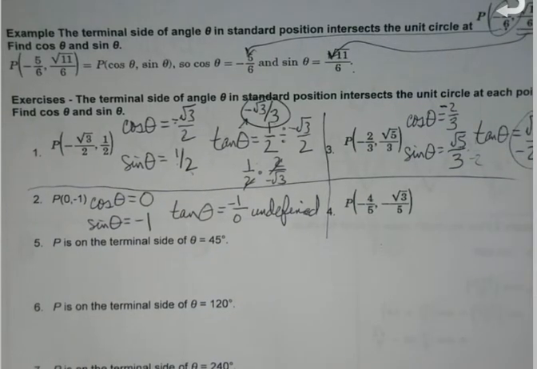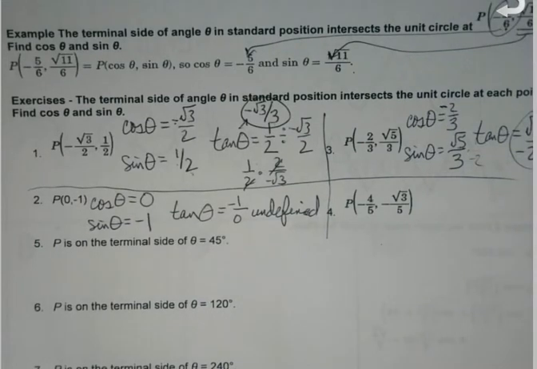All right. So then next, they may give us where the terminal side is. So they're going to give us the angle, but then we've either got to use our knowledge of the unit circle or yank out the unit circle to help us out. So for instance here, they mention that P is on the terminal side of 45 degrees.